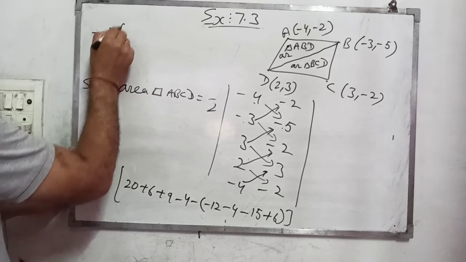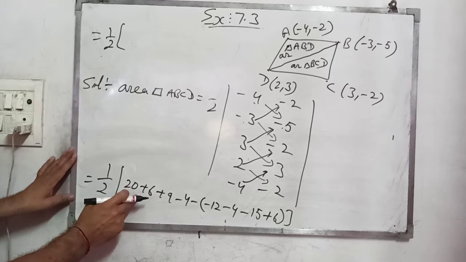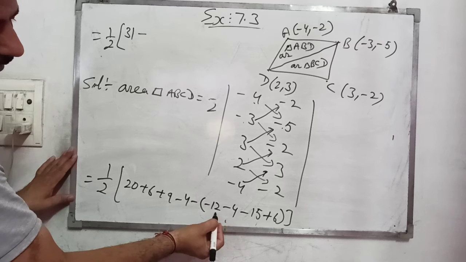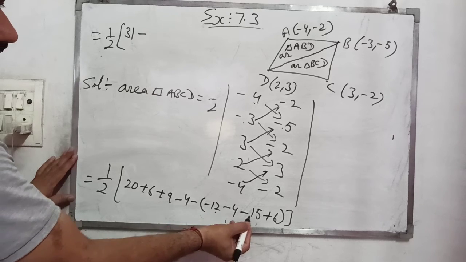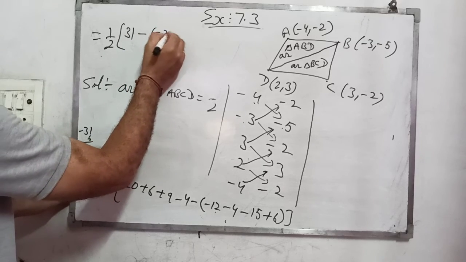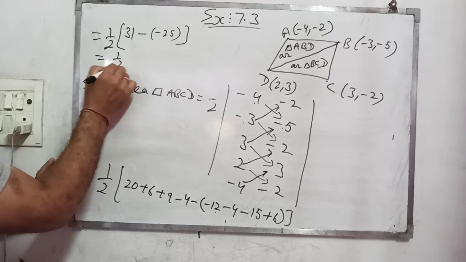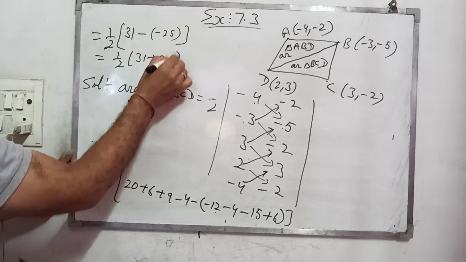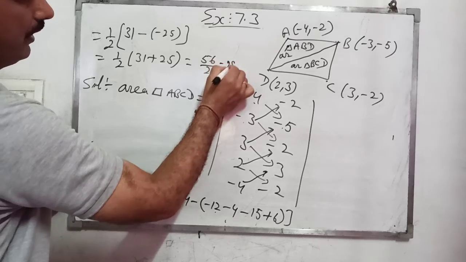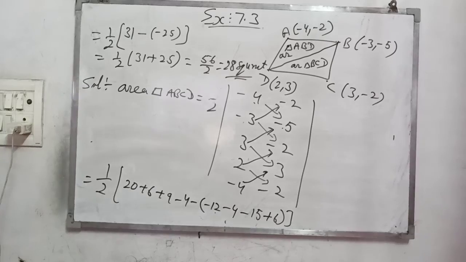You get 1 upon 2 times (29 plus 2), that is 31, minus 6, 25, minus 25, right? So it becomes 1 upon 2 times (31 plus 25), you get 56. 56 upon 2, so it becomes 28 square units.